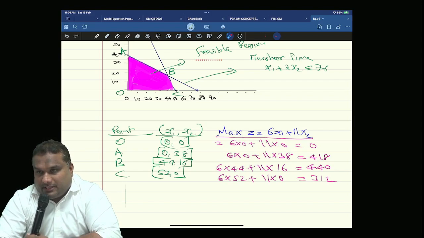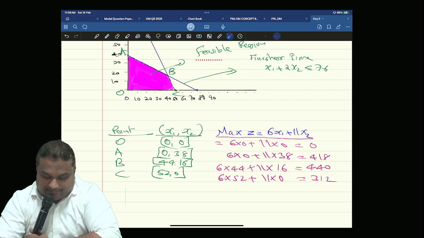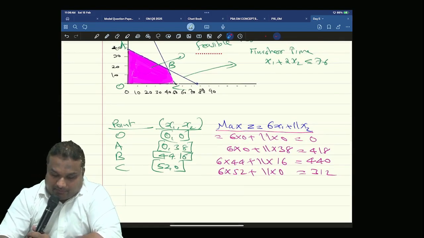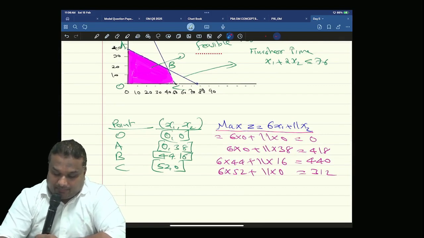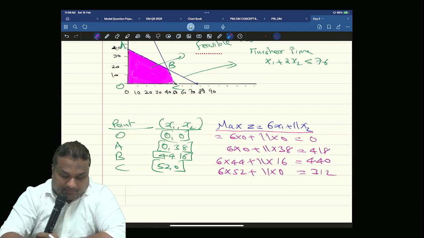On the bottom you write the maximum profit.